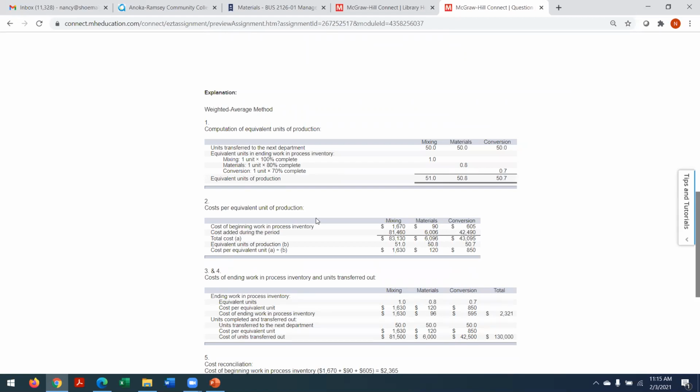So from that, we can calculate the cost per equivalent unit: the total cost divided by our equivalent units per mixing, per materials, and per conversion.